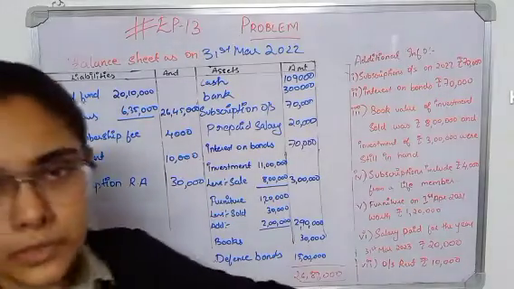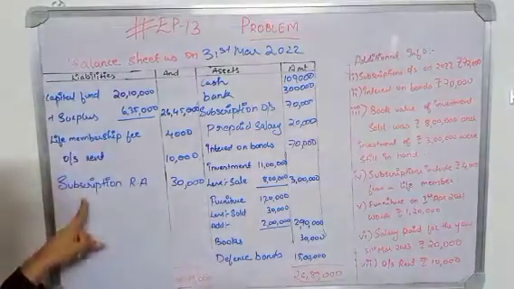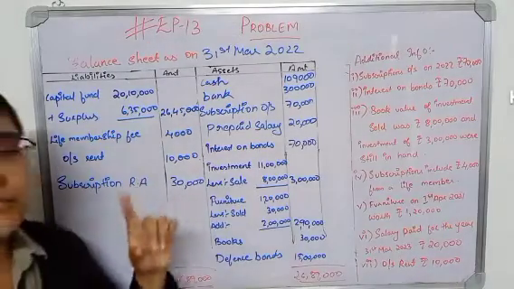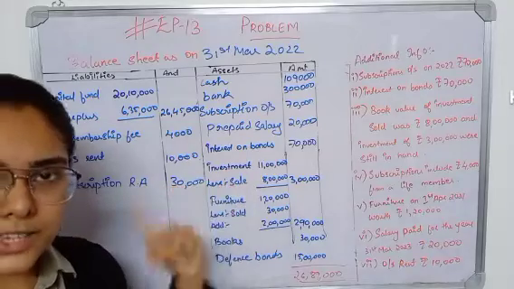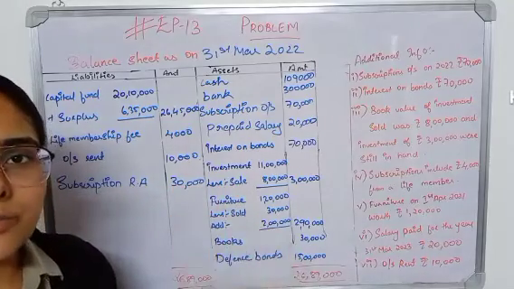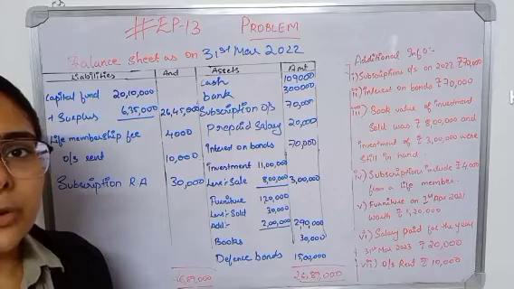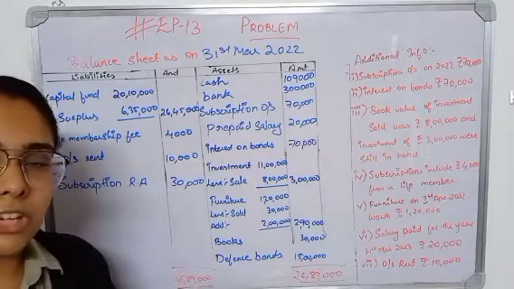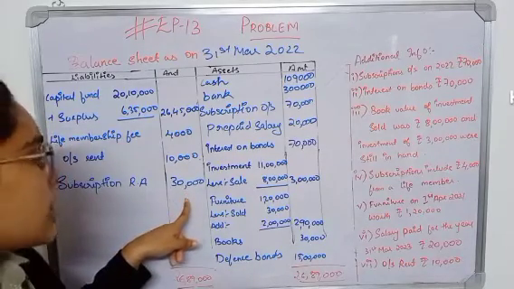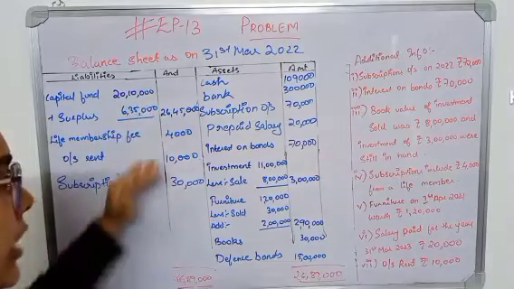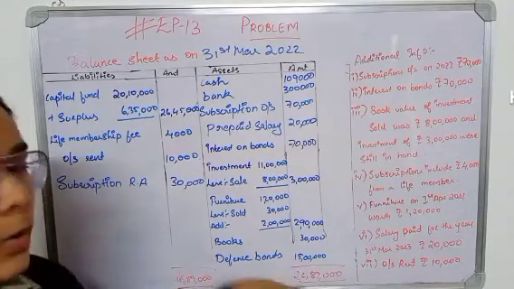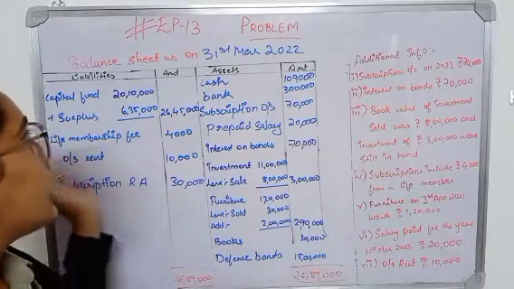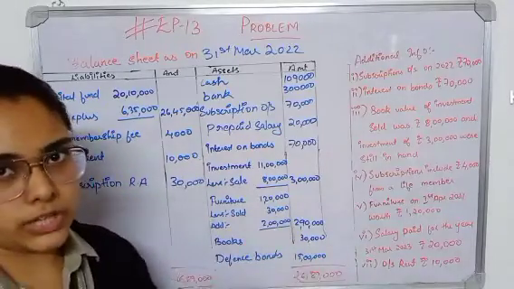Then subscription received in advance, you will find that on the receipt side of the receipts and payments account, that is for the year 2022-2023. You have that 30,000. When you take the total, you get 26 lakh 89,000, and both the asset side and liability side agree with each other.